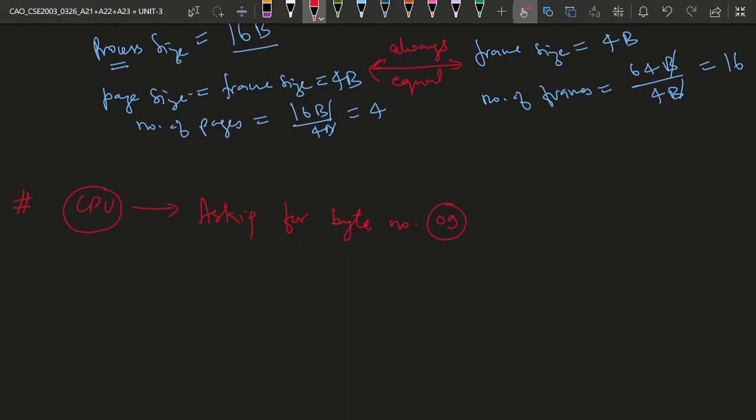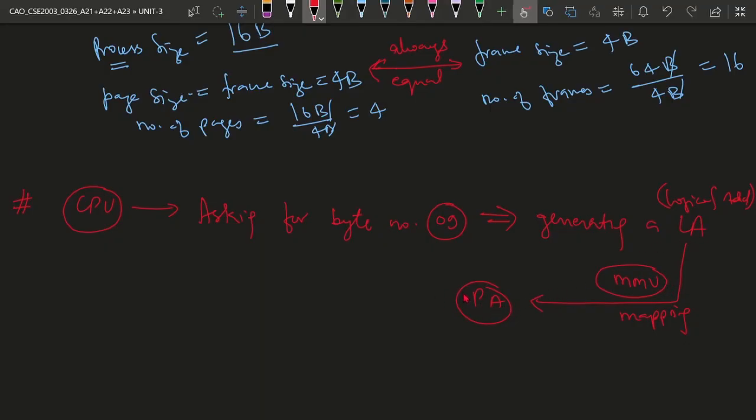It will be generating a logical address. That logical address will be mapped to the physical address, and that will be done by the MMU, that is the memory management unit. It will be doing this logical address and physical address mapping.